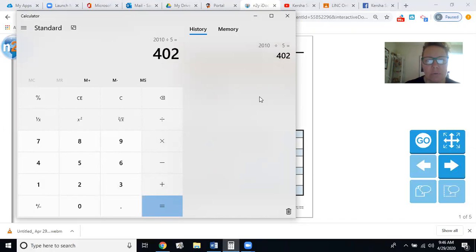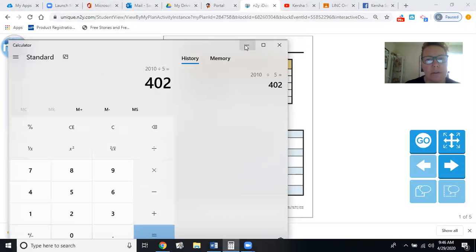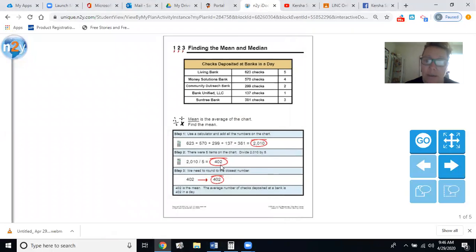Okay, so let's make sure that our calculations are correct. And it is 402. And it says we need to round to the closest number. Well, it's already the closest number, so we got exactly 402. So 402 is the mean.